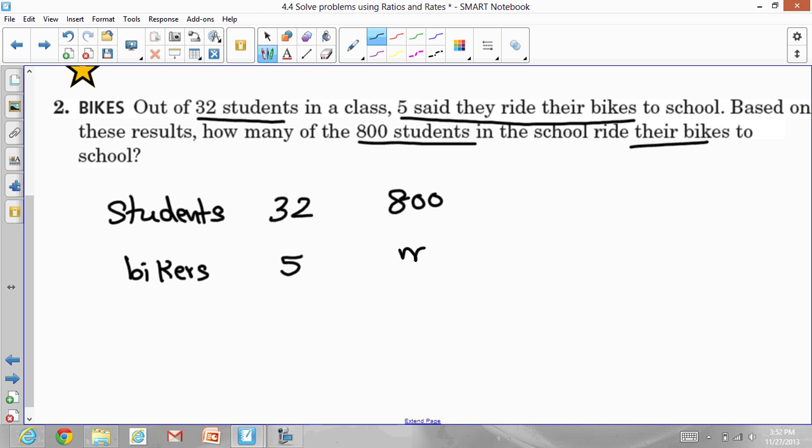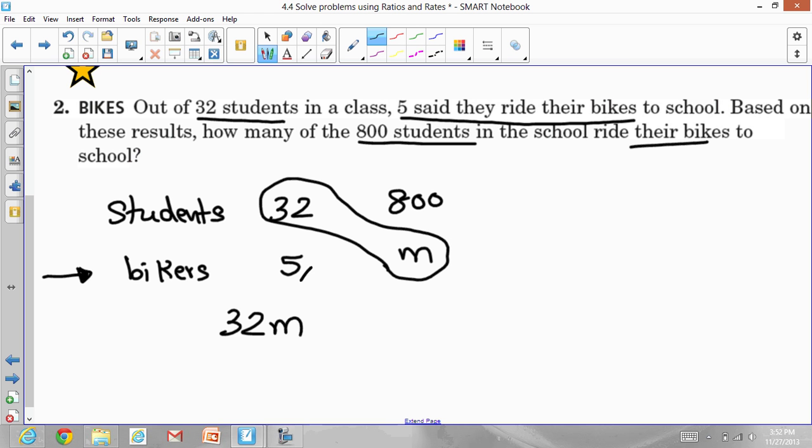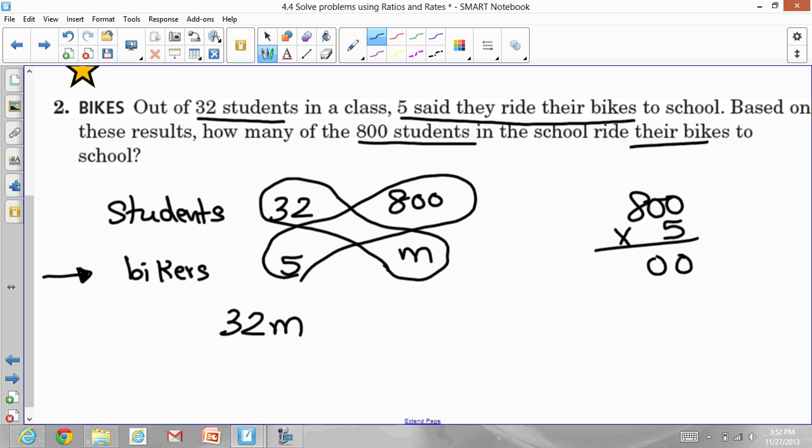So the last one in this case is my M, which is missing. Since M is missing, that is what I need to find. I'm going to do my usual method. 32 crosses and multiplies M to give you 32M, and 800 multiplies 5 to give you 4,000, equal sign in the middle.